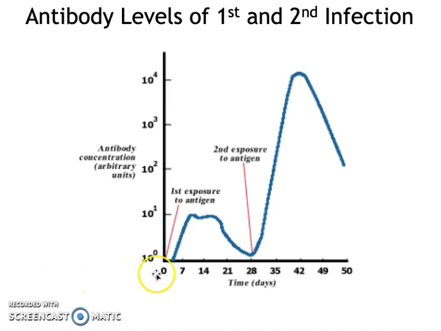So, if, for instance, this is your first encounter with a specific microbe, let's say like chickenpox, this first exposure to the antigen, as you can see here, has a time period where it takes a little bit of time for the antibodies to chickenpox, to that specific microbe, to be produced.